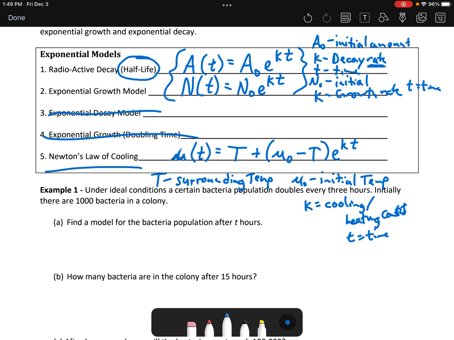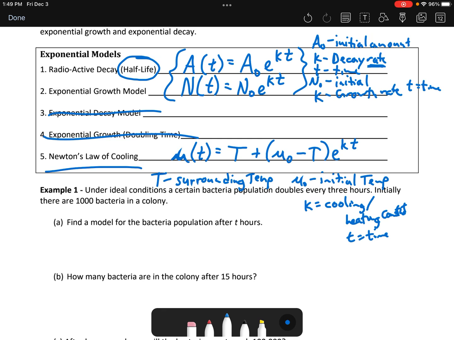Now don't be alarmed at this mu. This is the Greek letter mu. It looks like an M. You can say M, I don't really care. But this is how I learned it, and this is how I teach it. Mu of t, the temperature now, is equal to the surrounding temperature, capital T, plus mu naught, the initial temperature of the object, minus the surrounding temperature, usually the room, times e to the kt.